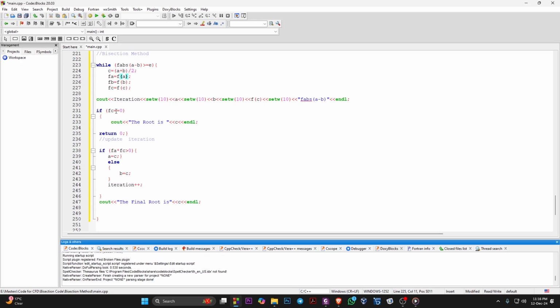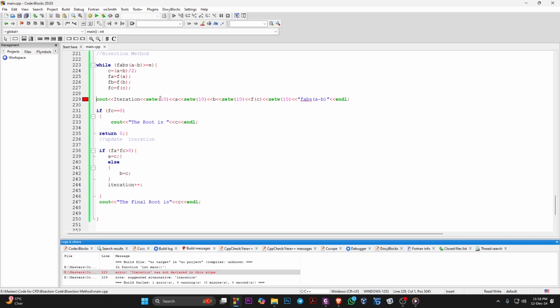Then if f of c is equal to 0, we just get the root of our desired equation. If not, then we update our initial guesses, a to c or b to c, by this conditional, and this loop will happen till this condition is settled. Okay, so let's check this code is running okay.